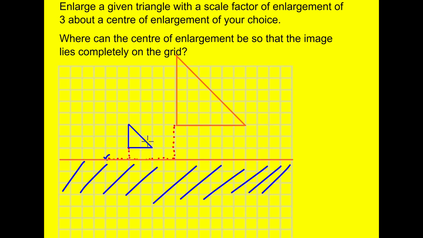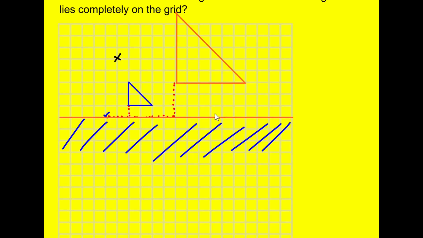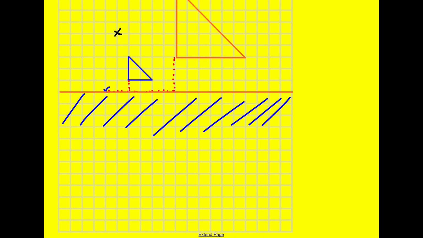That's okay. If I pick a different point, say, I don't know, here, let's see if this one works. So now I go along 1 and down 2, multiply those through by 3. So I'm going to go along 3 and down 6. And that was the top right. This is going to be okay. I've got my shape 4, 5, 6.